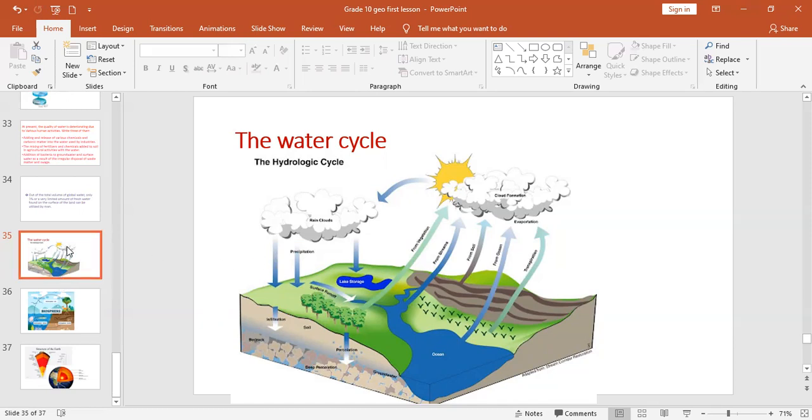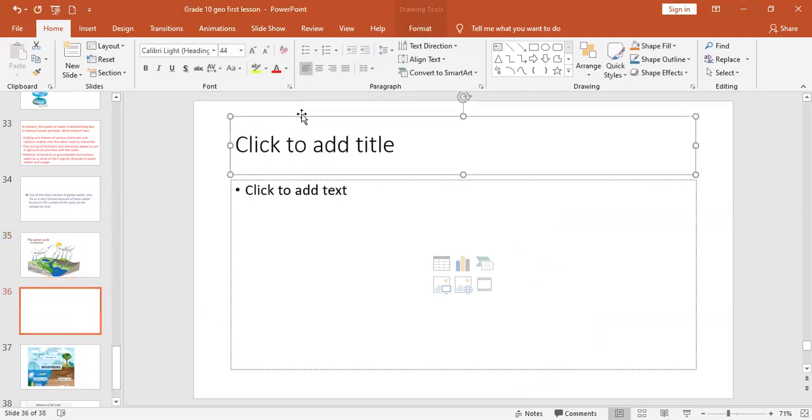Today's topic, you write down: Biosphere. Today we have to discuss the biosphere.